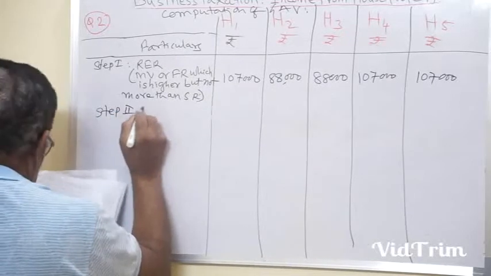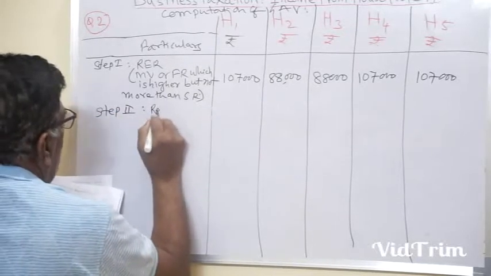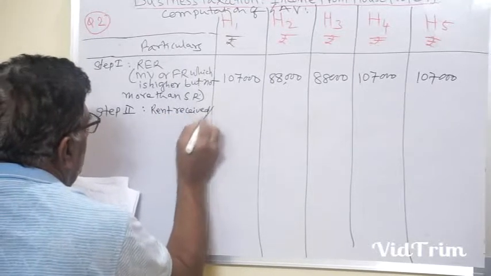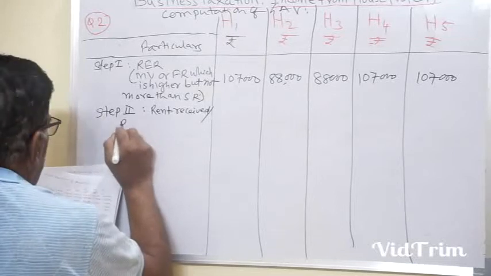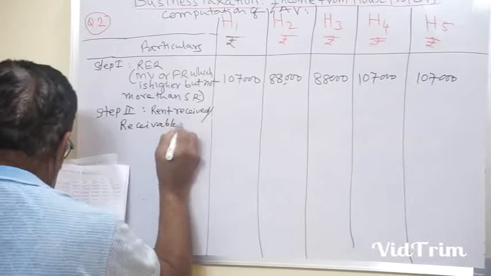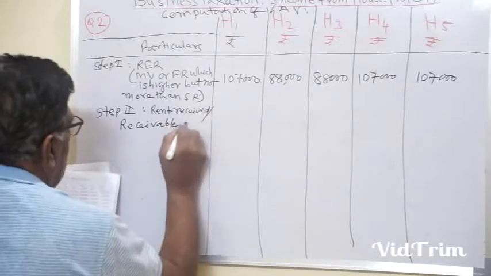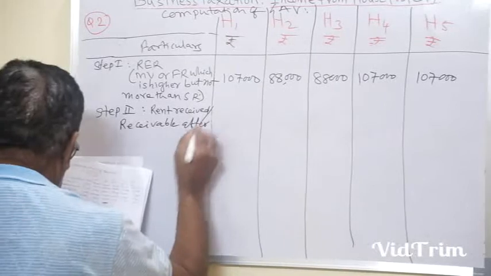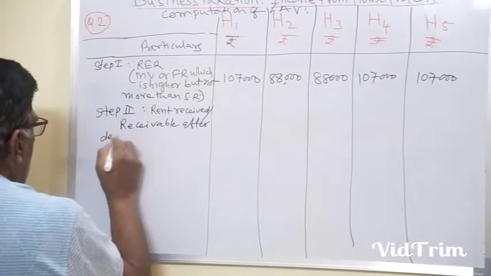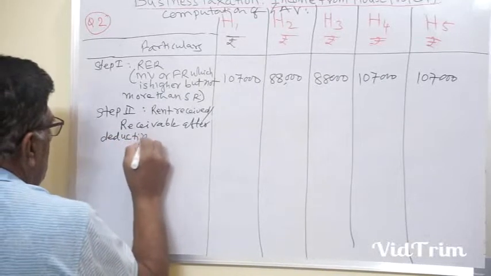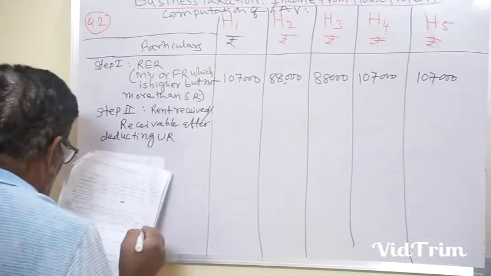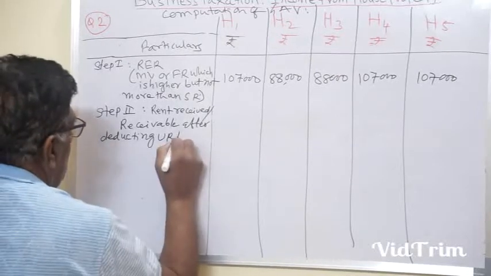In step number 2, actual rent is to be taken into consideration, if it is receivable also, as most of the time it may be. That is, rent after deducting unrealized rent, but before loss due to vacancy.